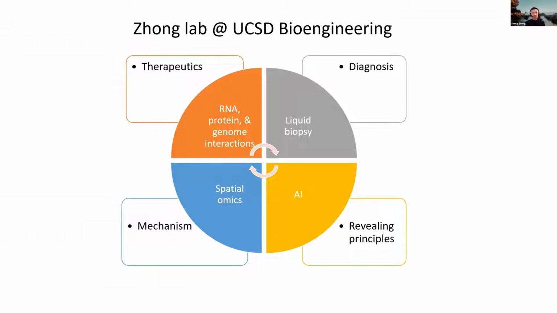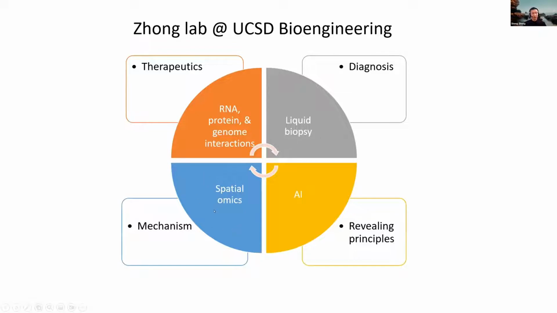Some of this work now has begun its route to be developed into potential therapeutics. On the upper right corner, we work on liquid biopsy, which we will elaborate in this talk. Apparently, liquid biopsy is perhaps one of the emerging new fields related to diagnosis of disease.